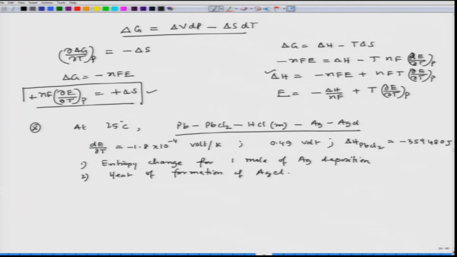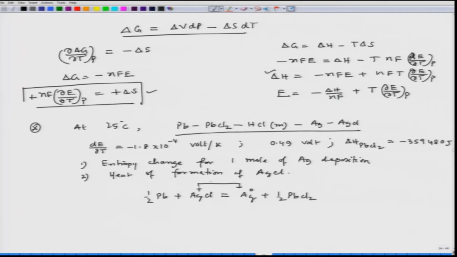So, now first we have to write down the cell reaction, and the cell reaction is half Pb plus AgCl equal to Ag plus half PbCl2. This is the relation. Here I could see that this is plus 1, this is 0.